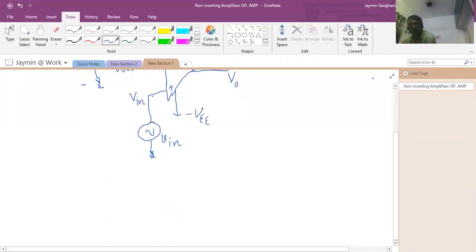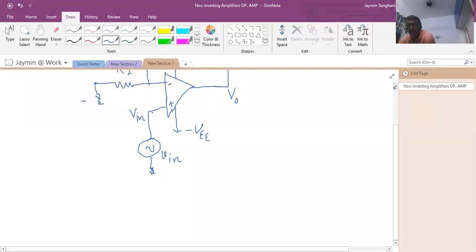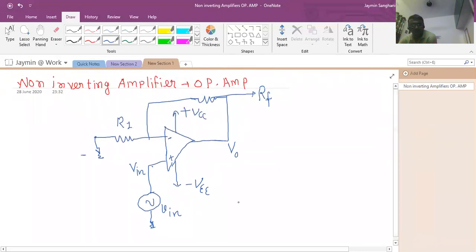Now see this. This is the block diagram of non-inverting amplifier.